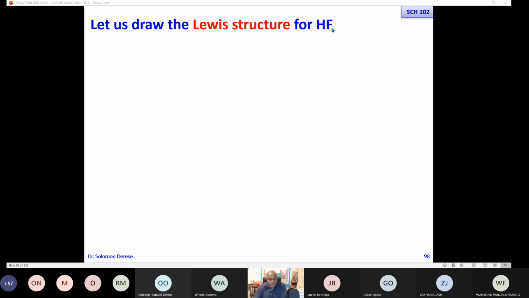During the formation of this covalent bond, one electron from hydrogen and another electron from fluorine are shared. The electrons that are involved are the valence electrons.